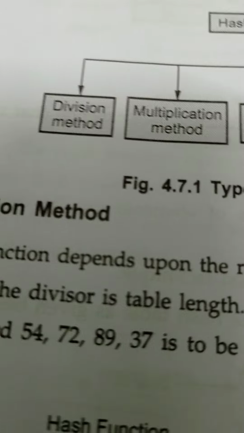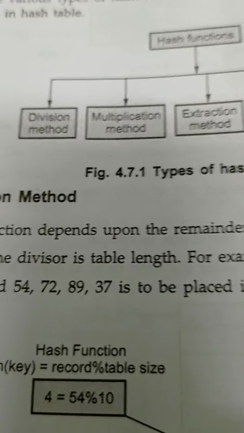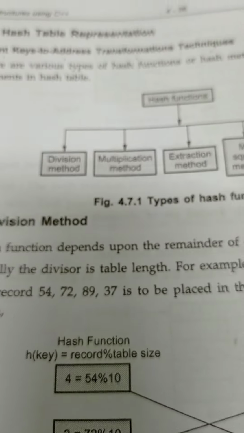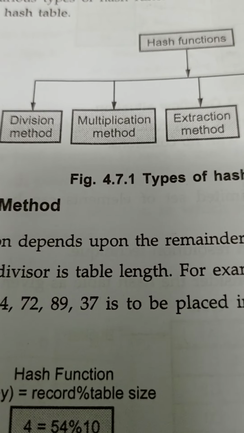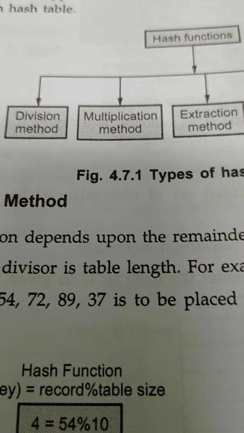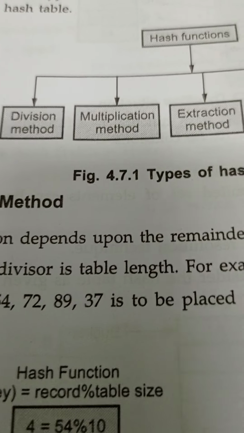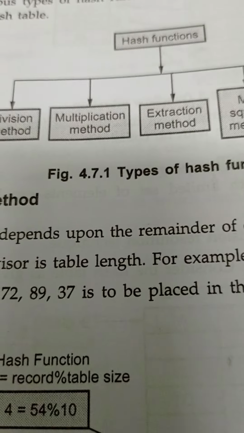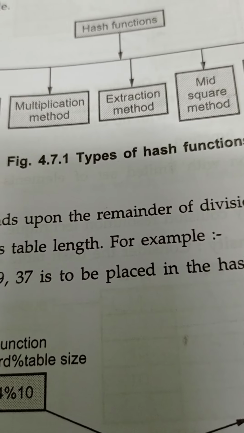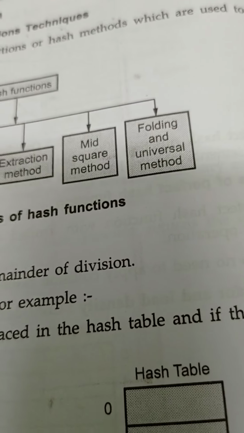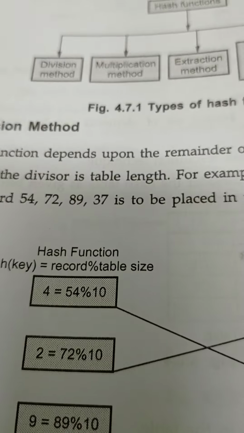Using these techniques, we can place the data in the hash table. The different hash functions are the division method, multiplication method, extraction method, mid square method, folding and inversal method. Different methods are there.